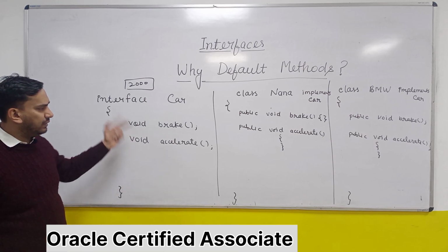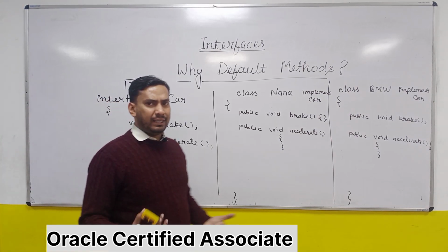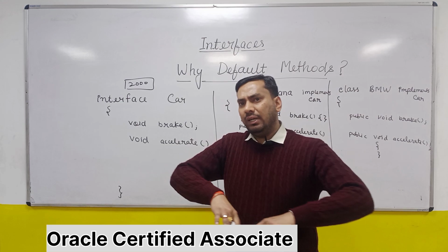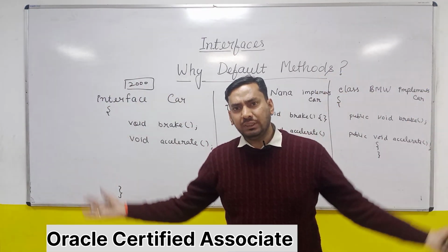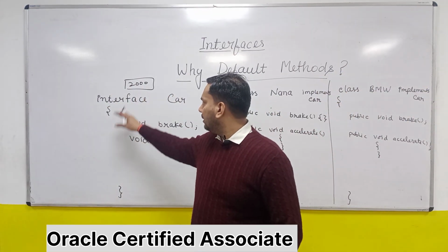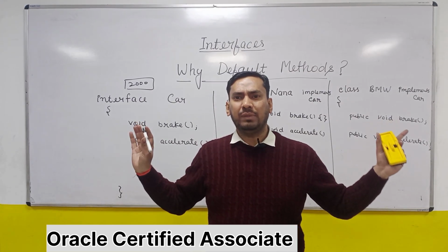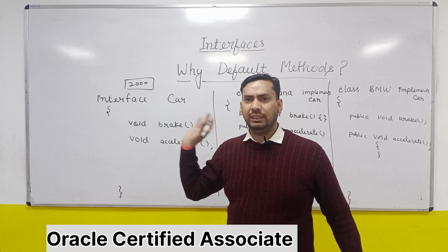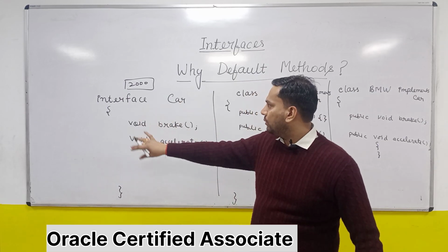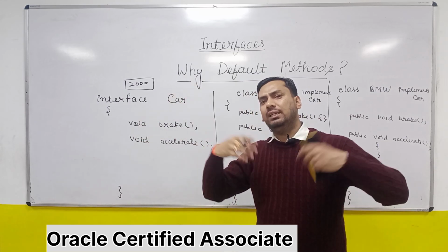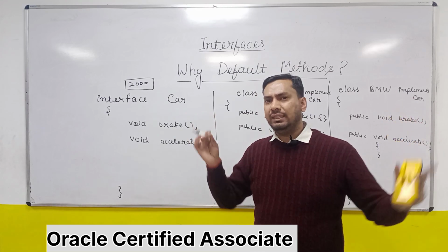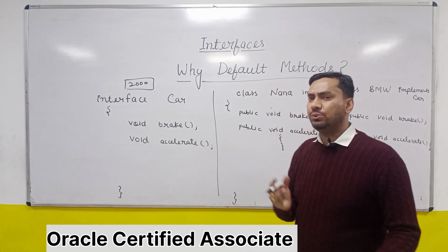Now a complete ecosystem of this interface is created. Thousands of classes might have been created in the past 20 years, from 2000 to 2020. I'm just taking the example of two classes.